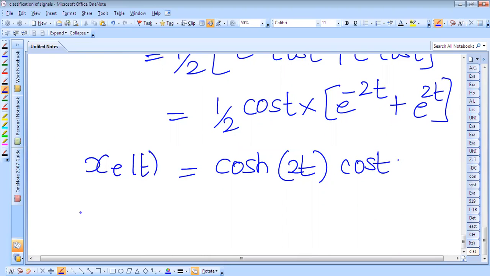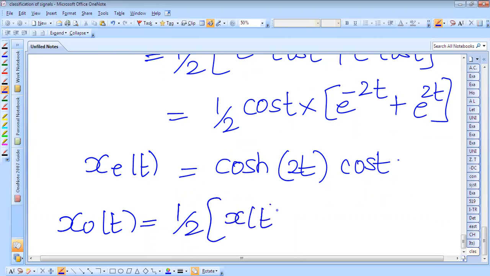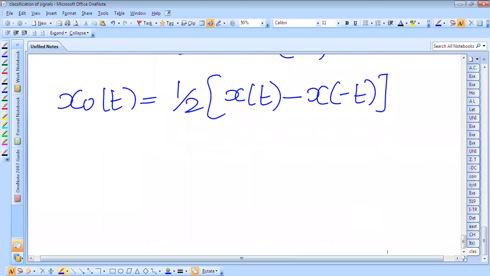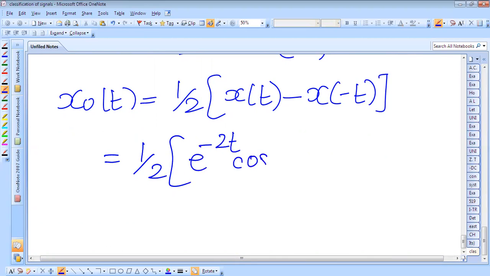Next is the odd component of the function. We have to find the value, half into x of t minus x of minus t. Okay, so I just put the values. x of t we have got here, half into e raised to power minus 2t into cos t minus e raised to power 2t into cos t.